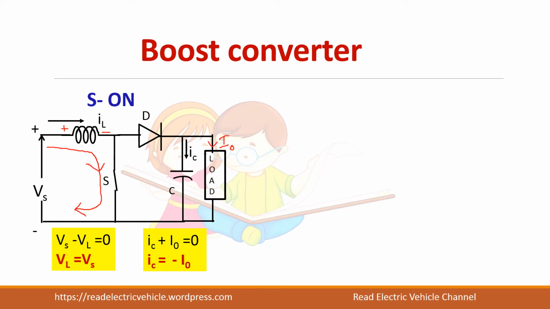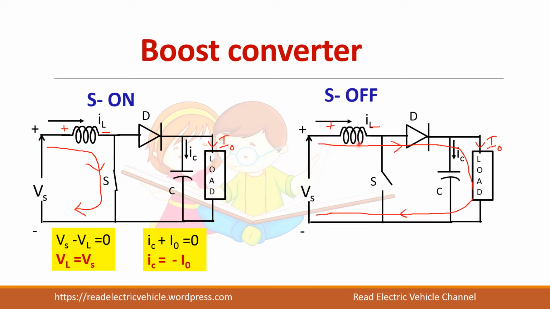Now considering the off condition, the inductor current continues to flow through the diode and the load and back to the supply. Now writing down the KVL, Vs minus VL minus V0 is equal to 0. From that you can find what is the inductor voltage. And at this junction, there are three currents because the diode is conducting.